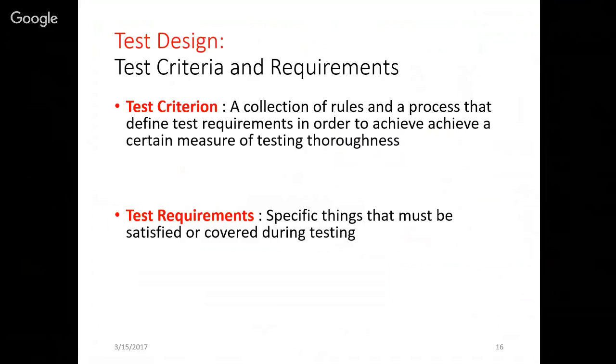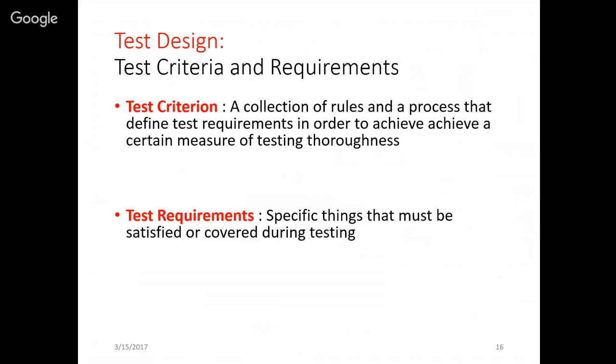Statement coverage is a criterion. Test requirements are specific things that must be satisfied or covered during testing. So I say, okay, I need to execute statement 1 and statement 2. These are requirements. My requirement is to execute those 2 statements.